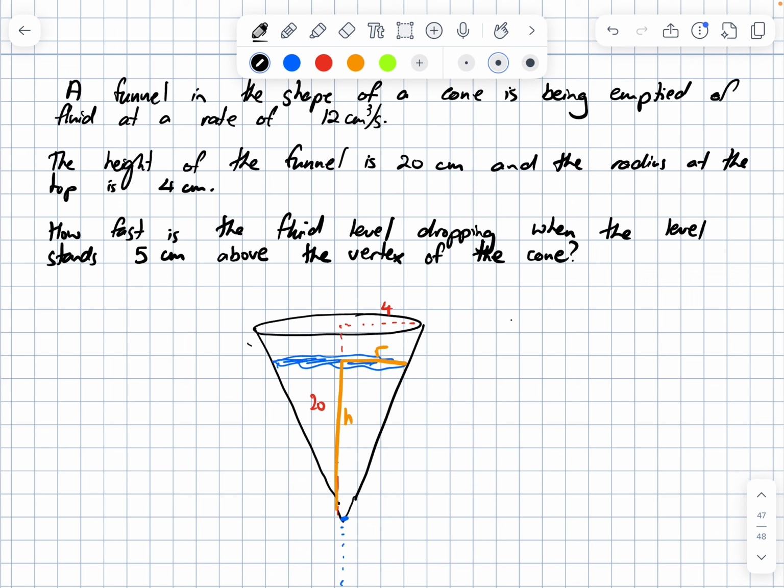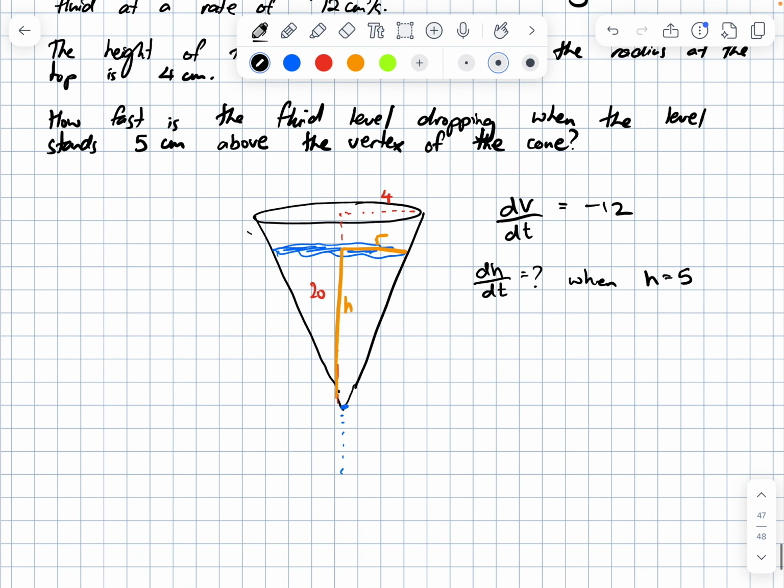Let's give what we know. We know that it's been emptied of fluid, so the volume is going down per time, and since it's been emptied, it will be -12. We want how fast the fluid level, well that's the height, so that's dh/dt, is what when h is 5.